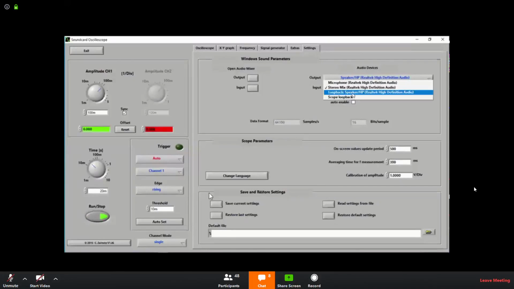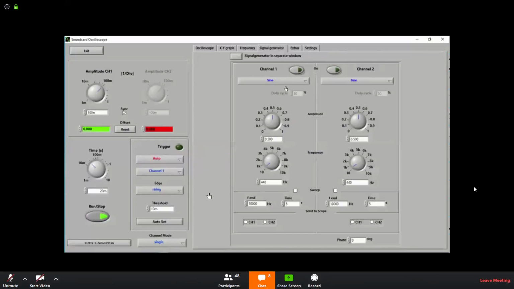In your system there might be many other options as well, but go for this one, loopback speaker HP. Just click it. These are the settings that we need to do. Now I'm going to generate the signal. After doing this setting, go to the signal generator and turn it on.